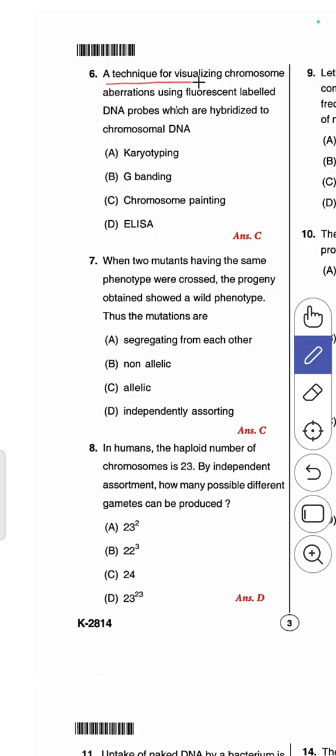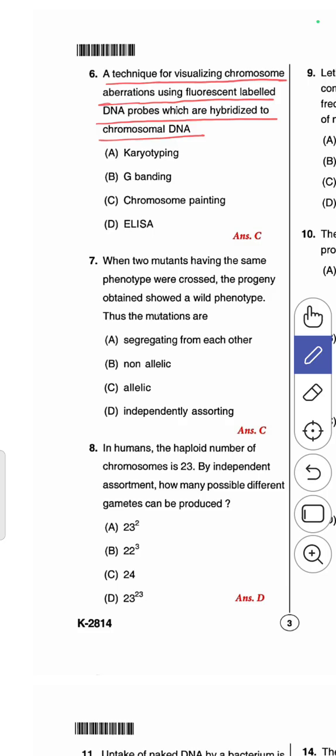A technique for visualizing chromosome aberration using fluorescent labeled DNA probes which are hybridized to chromosomal DNA. So, which technique will be utilized for visualizing the chromosomal aberration using the fluorescent labeled DNA probes?